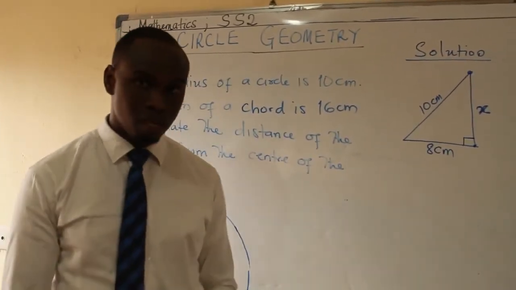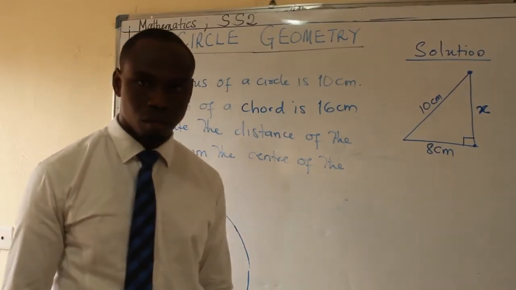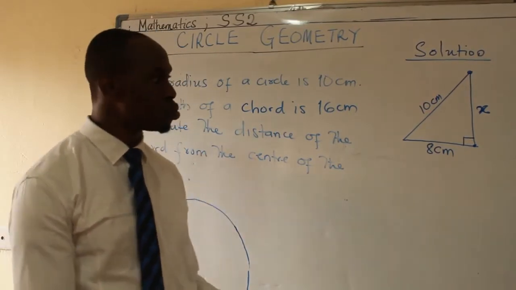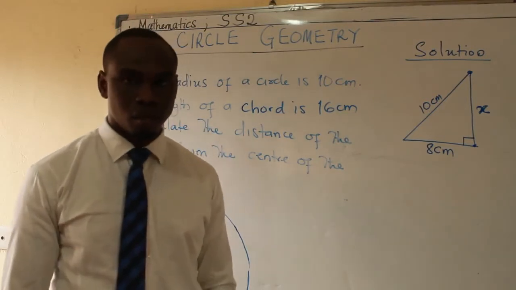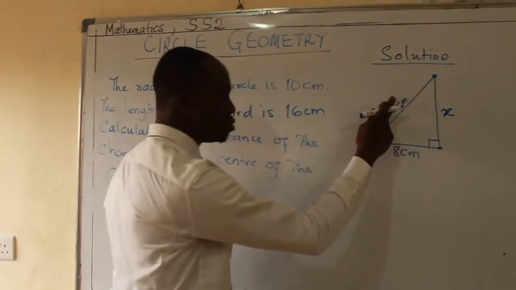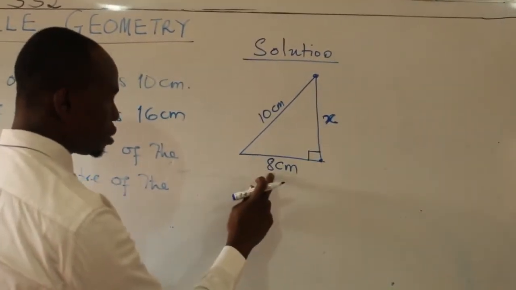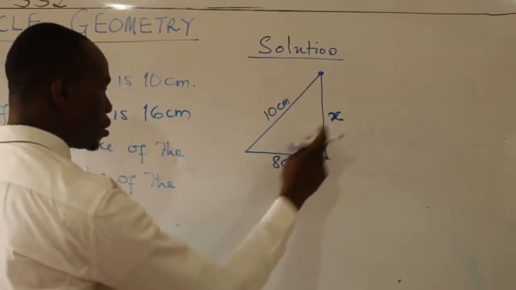The theorem says that the square of the hypotenuse is equal to the sum of the squares of the other two sides. The square of the hypotenuse is equal to the sum of the squares of this and this.